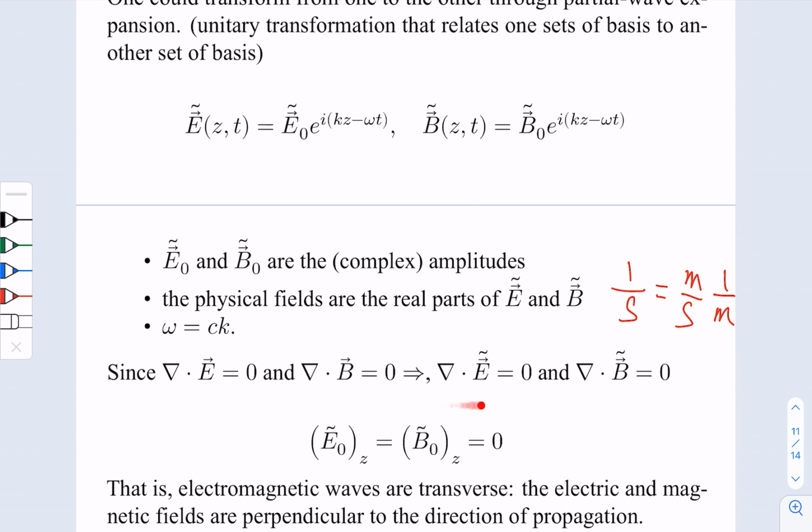Otherwise, this divergence is not 0. This means that the amplitude of the wave cannot be along the direction of propagation, and this means electromagnetic waves must be transverse waves. Remember we talked about transverse and longitudinal waves in the previous session.